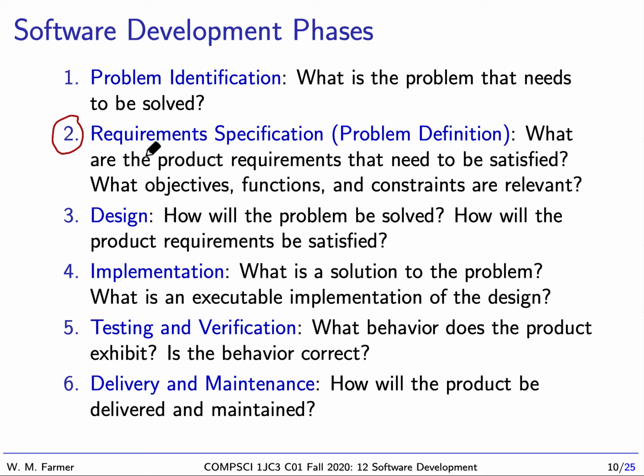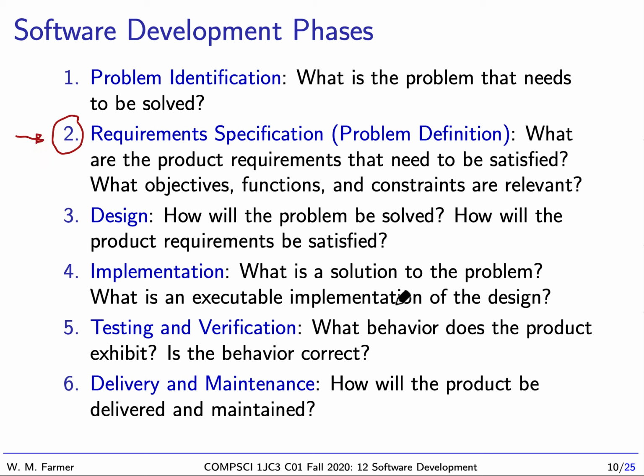So indirectly, the implementation must satisfy the requirements. Testing and verification are done to make sure that the implementation and design we produce satisfies the requirements. And delivery and maintenance are really concerned about making sure we continue to satisfy the requirements.